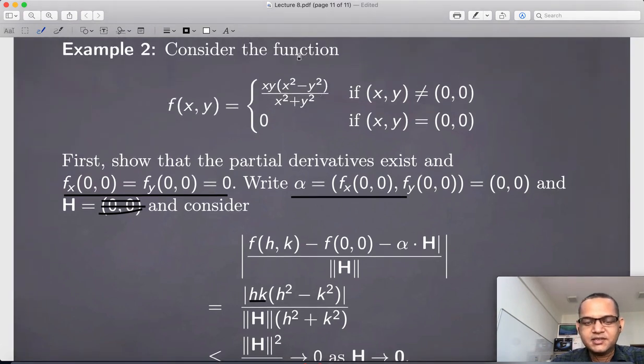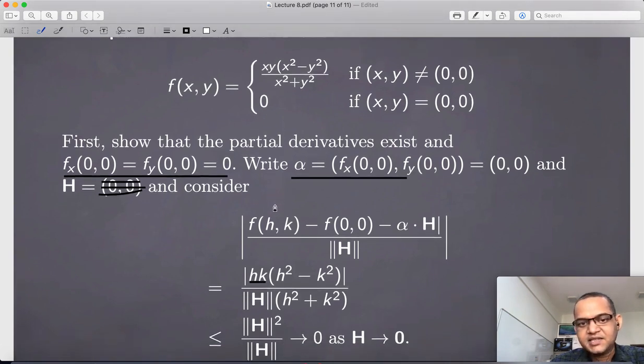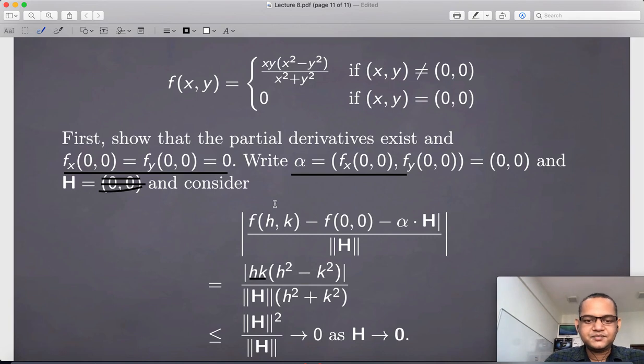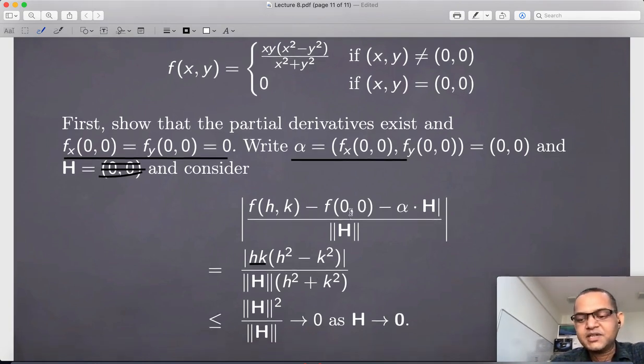So what you do is try to take some different powers of x and y and see which powers, or is there a condition on the powers, so that I get a function which is differentiable at the point (0, 0).